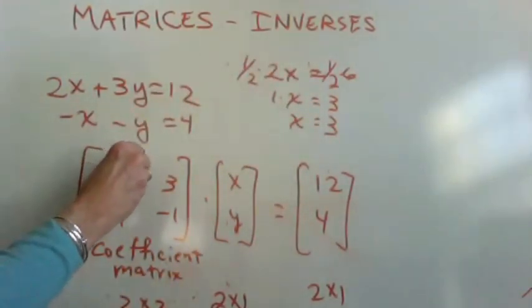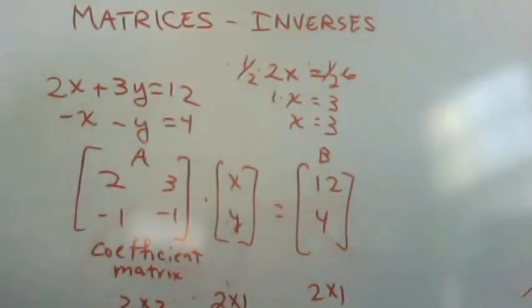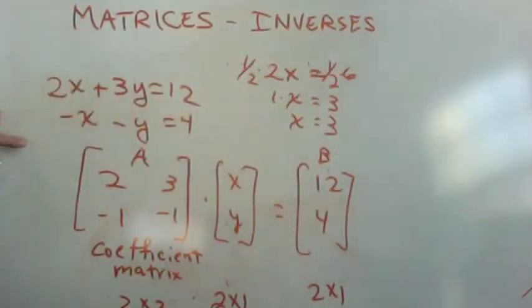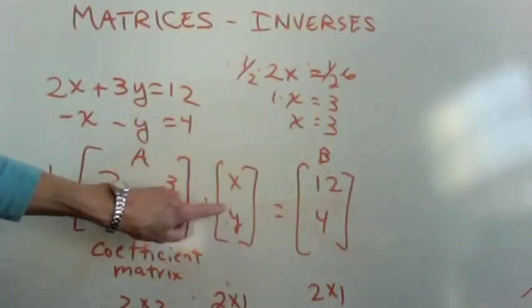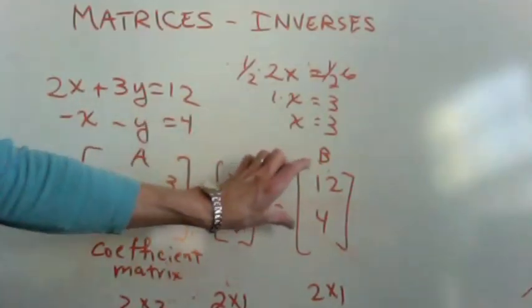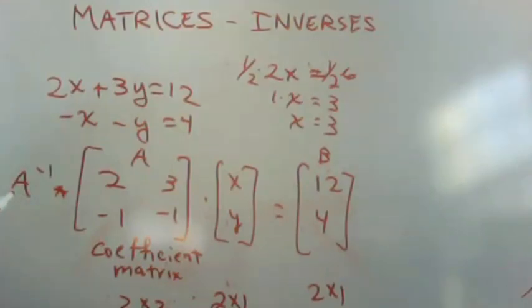Let's let this matrix be A, and we'll call this matrix B. So what we have is this matrix times this equals B. So if we can multiply this by its inverse, that would give us the identity, which would give us xy. But in order to multiply this side by A inverse, we must also multiply that side by A inverse.